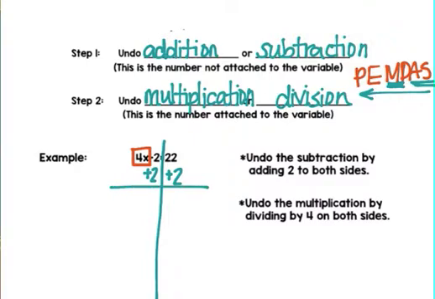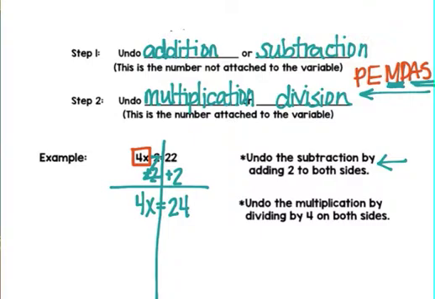And just like your one step, that minus 2 and that positive 2 cancel out. But now what I'm left with is 4x equals, and on this side we have to do some math, 22 plus 2 is 24. So that was that first step right here. We undid the subtraction by adding 2 to both sides of that equation.